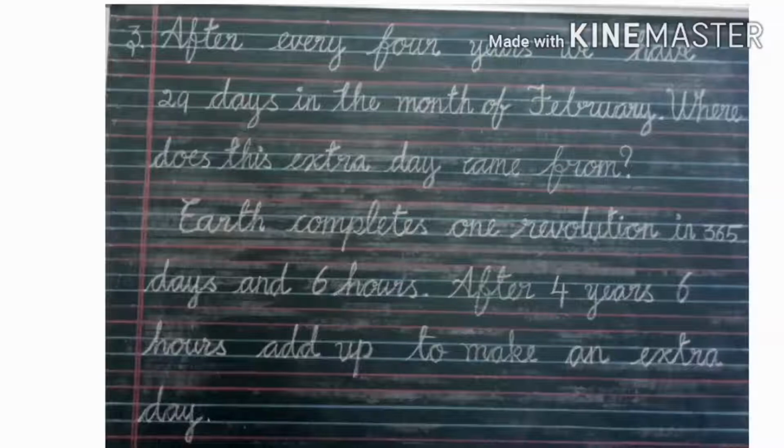The answer is: earth completes one revolution in 365 days and 6 hours.